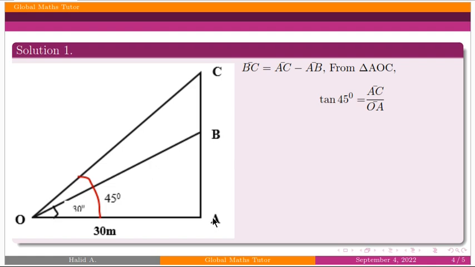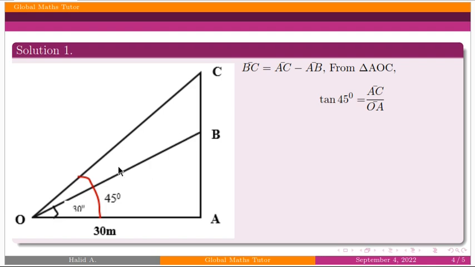Thus, AB and AC can be found from the tangent function of trig. Since the adjacent side is given, the opposite side can be found from the tan function. From the definition, tan is opposite over adjacent.